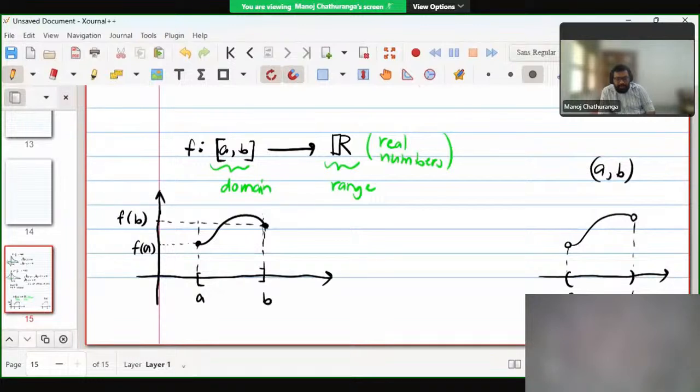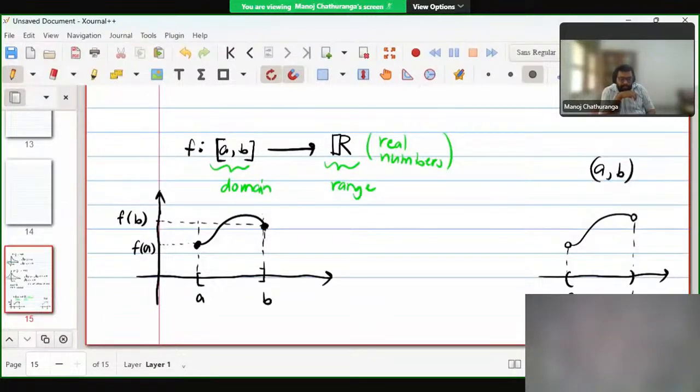We don't have y values assigned for endpoints, but when the function is defined on a bounded closed interval, we have values at endpoints. So in the second case, we can talk about continuity at any point in the middle.